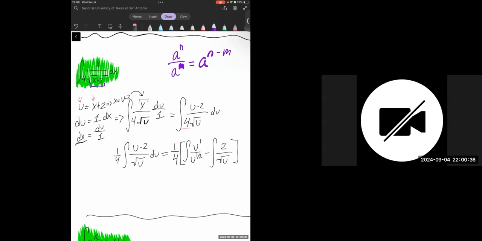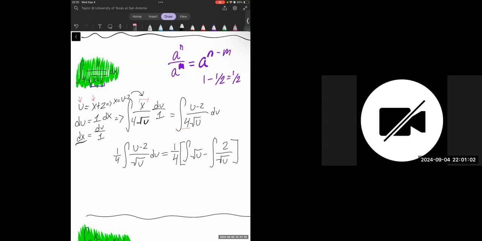So I can do this. I have 1 minus 1/2, giving me 1/2. So I can rewrite this as square root of u, or u to the 1/2. Okay, I'm going to erase this too. I'm going to put it in front of my integral here.